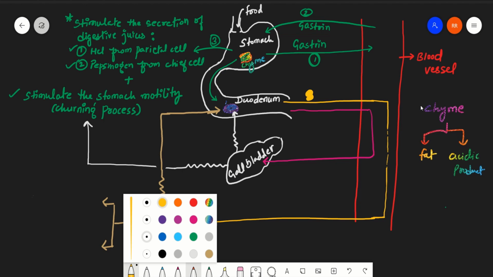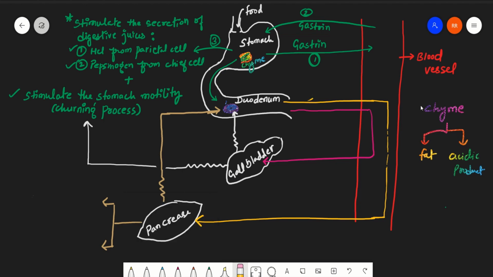This secretin hormone will be released from the duodenum, go into the blood circulation, and then reach the pancreas, and it will stimulate the pancreas to release bicarbonate ion.